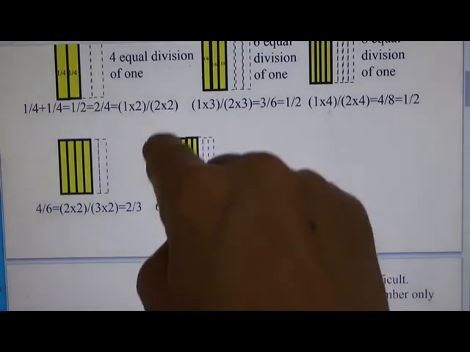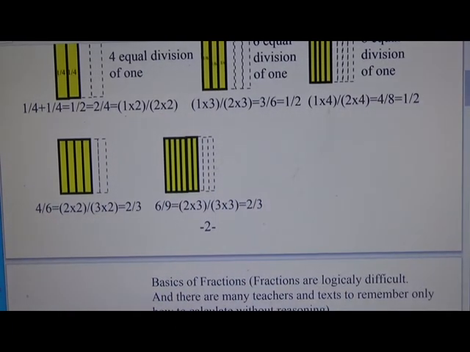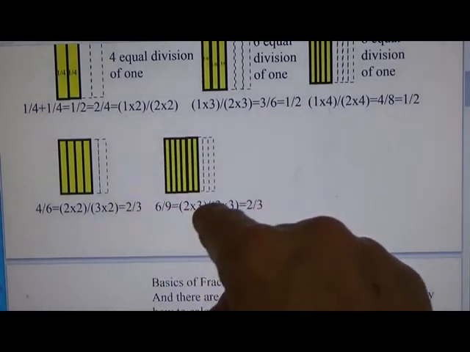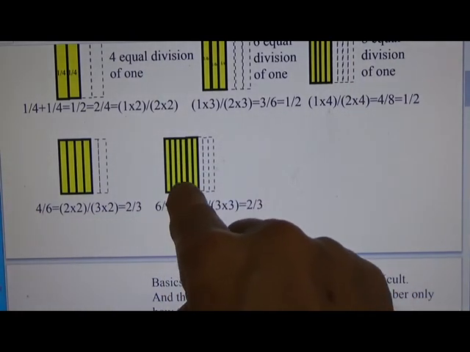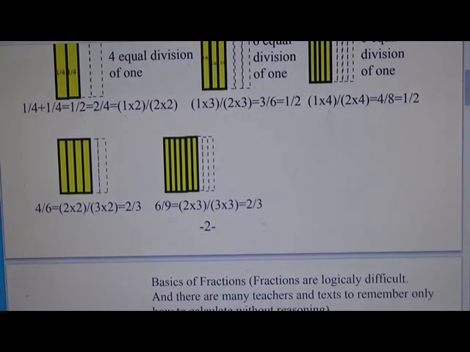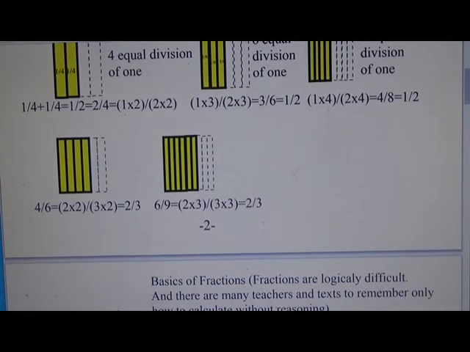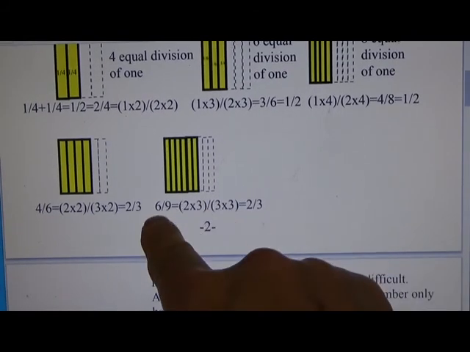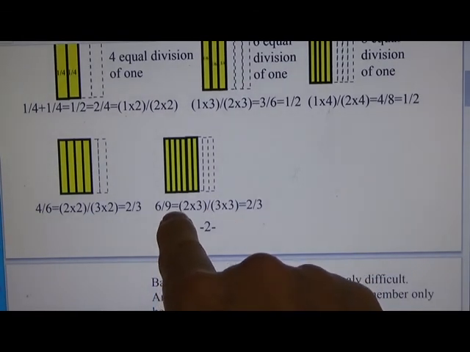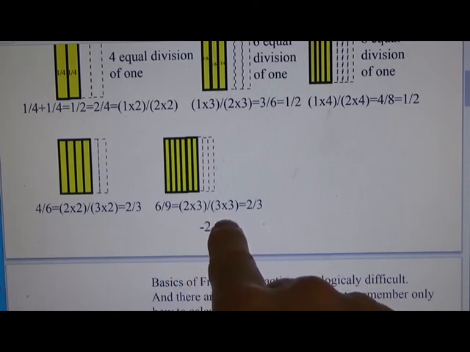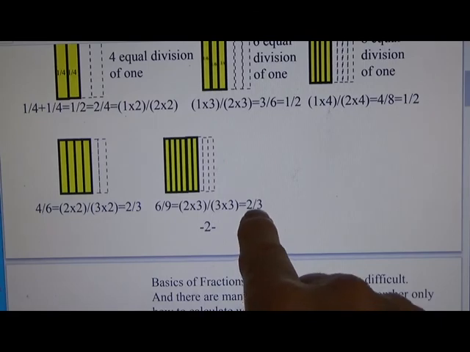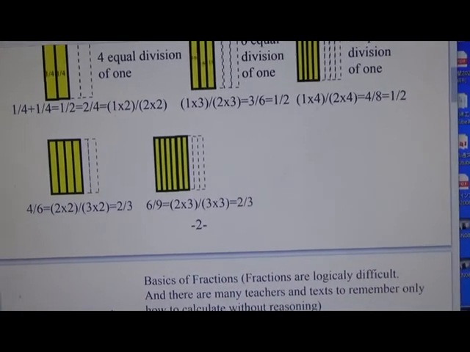This single yellow part is 1/9. This dotted line is quantity 1. 6 yellow parts in total is 6/9, which is 2 multiplied by 3 divided by 3 multiplied by 3, that is 2/3.